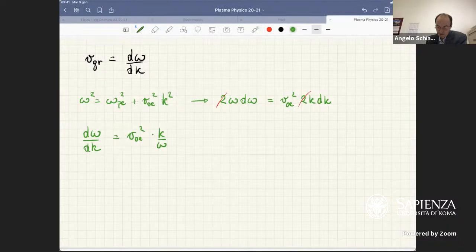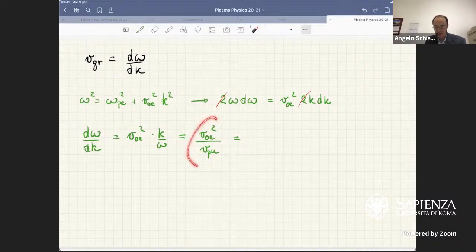So this becomes V0e squared times V phase, that we just obtained before. And you see that this ratio has the dimension of a velocity.